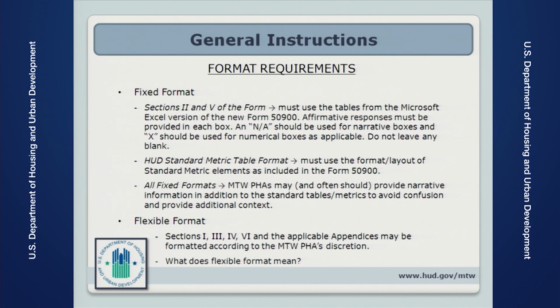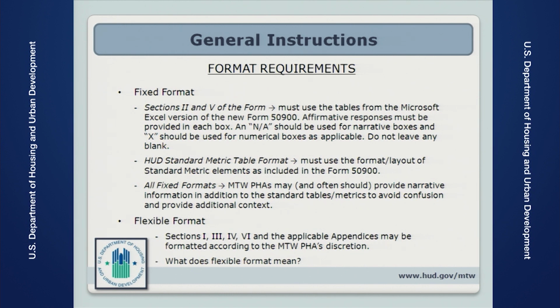We would ask that you not alter that Excel document at all, but fill out the cells. For the actual plan or report document, there is a little flexibility in how you provide that information. You would need to copy the tables from the Excel document into your plan or report document, but to the extent that you need to change colors or fonts to match how you're providing your document, that's fine with us.